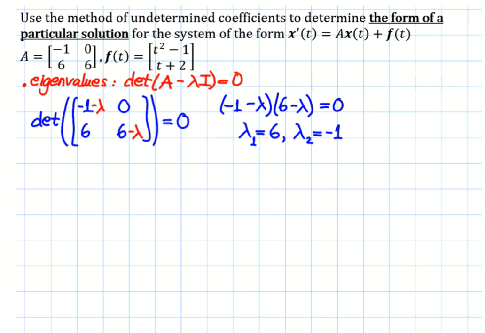So if we guess for that function, that will be in the form of at squared plus bt plus c, and this of course also covers at plus b, the lower degree polynomial.